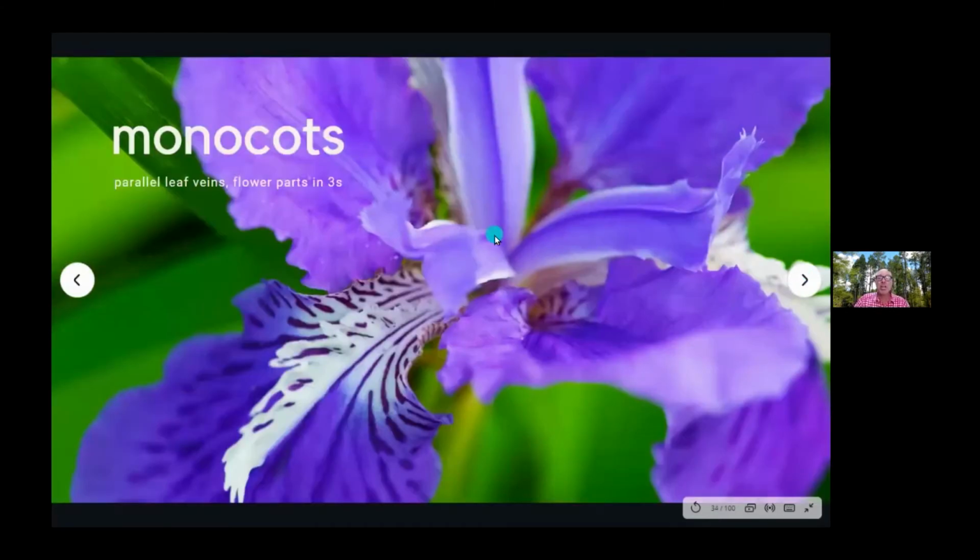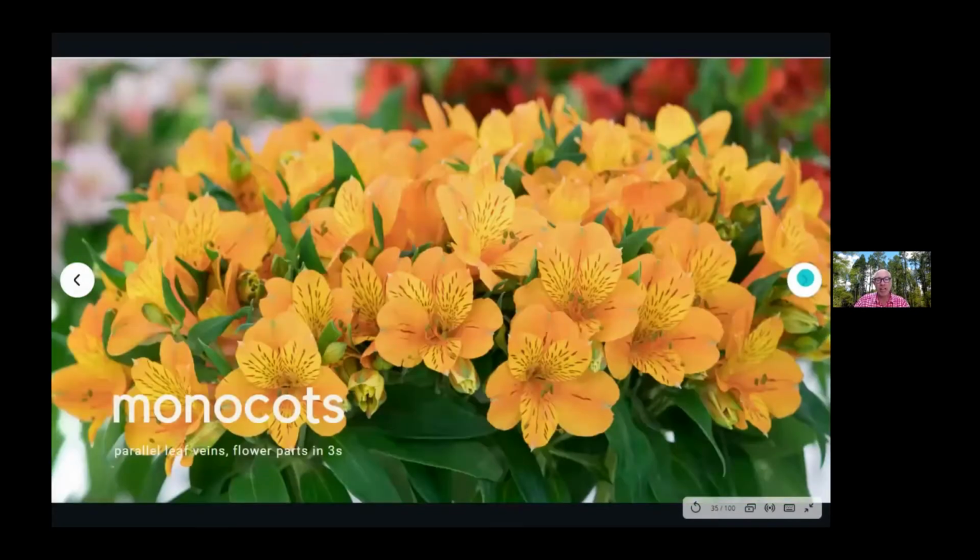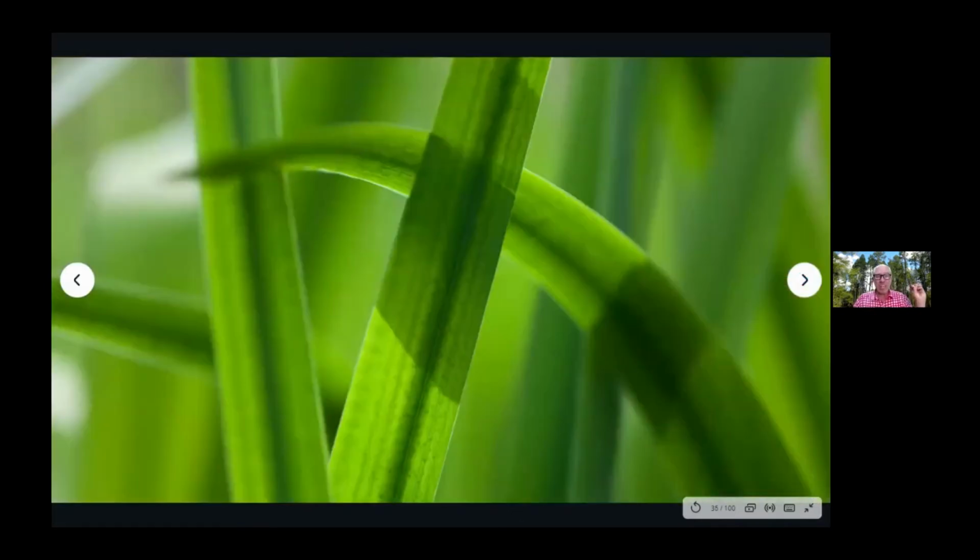An iris, 3 flowers. Each one of these 3 flowers has flower parts in threes. And of course, iris has the parallel leaf veins. The parrot lily, 6 petals, 3 or 6 stamens, parallel leaf veins. You see where I'm going?